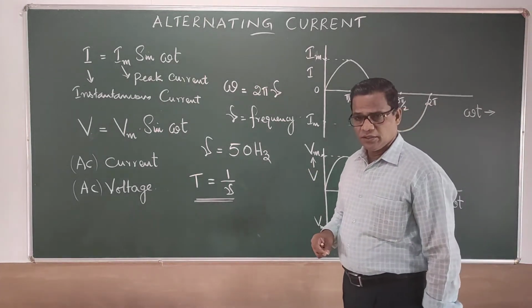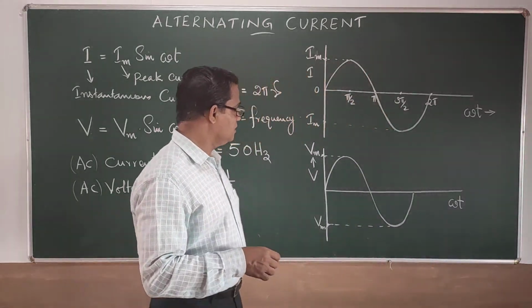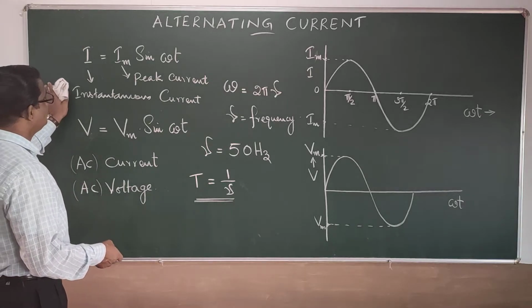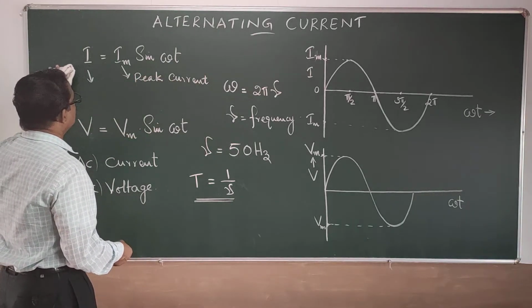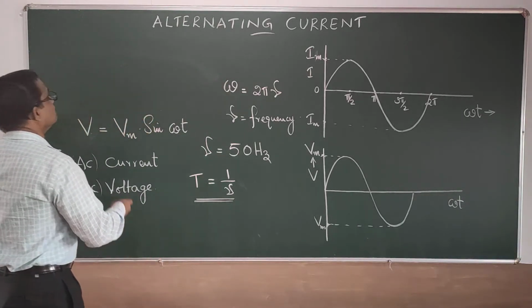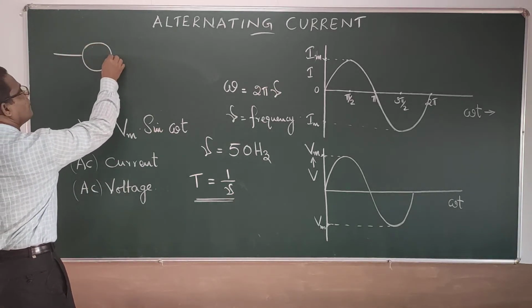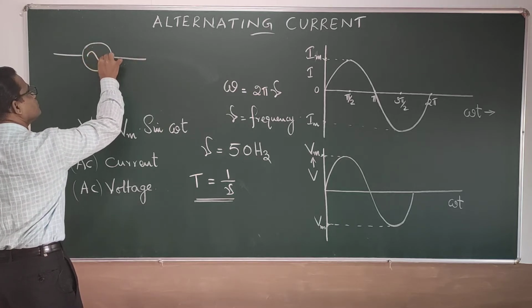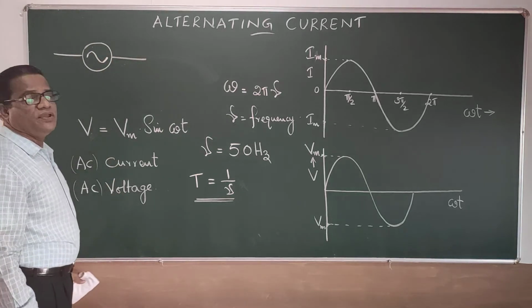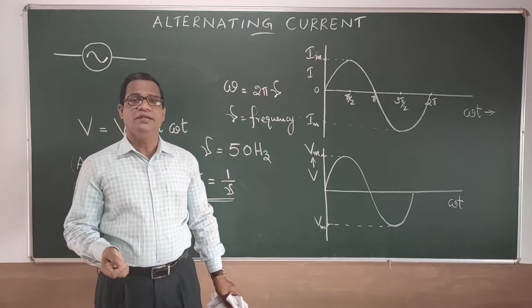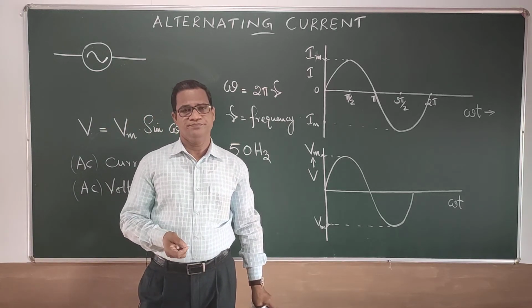And one more point: we represent the alternating current and alternating voltages using a symbol. This is the way we represent an alternating voltage or alternating current.